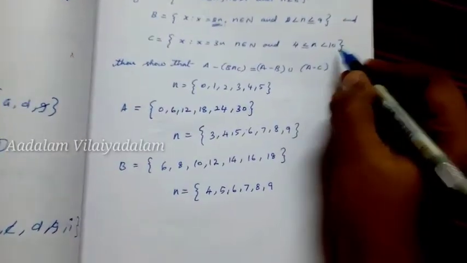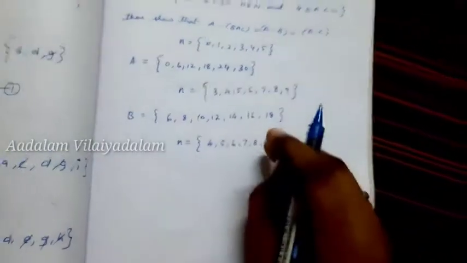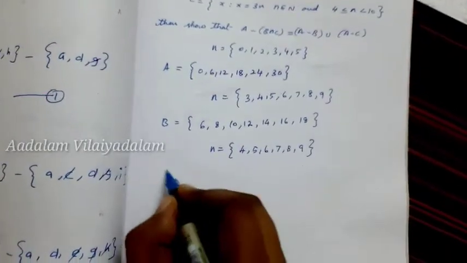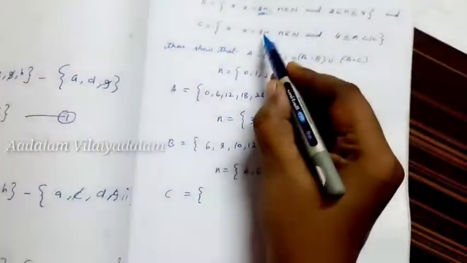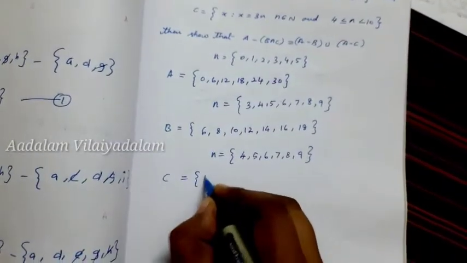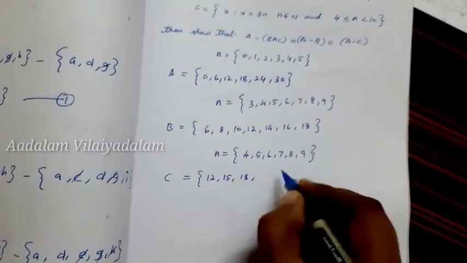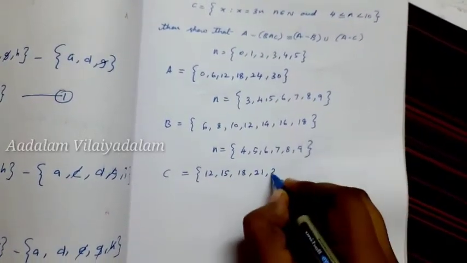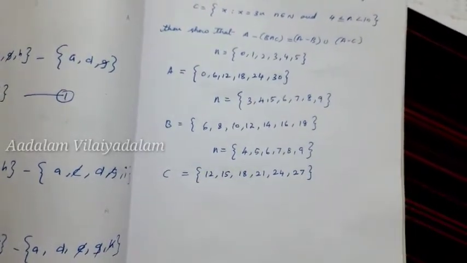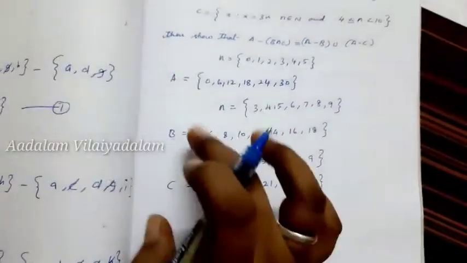They have mentioned less than 10, so we are simply taking up to 9. Now the set C is, the 3 table we can multiply the n values, that is 3 fours are 12, 3 fives are 15, 3 sixes are 18, 3 sevens are 21, 3 eights are 24, 3 nines are 27. Now finally we have found the sets A, B, C.